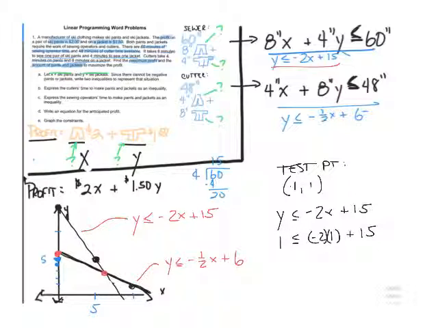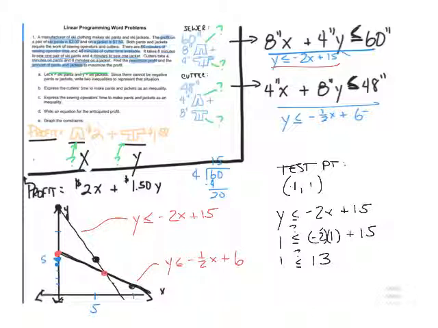So is 1 less than or equal to negative 2 times 1, that's negative 2, plus 15? Well, doing the math in my head, that's just 13. So is 13 greater than or less than 1? Well, yes it is. So I know that (1, 1) works.